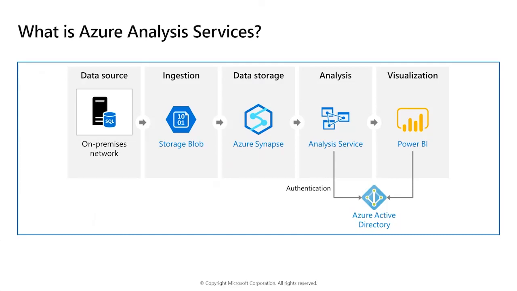Now, the scalability of Synapse Analytics gives it the ability to process terabytes of data into smaller, succinct data sets that summarize and aggregate a lot of this data, which you can use Azure Analysis Services to then perform detailed interrogation of. And then you can visualize the results through Power BI.